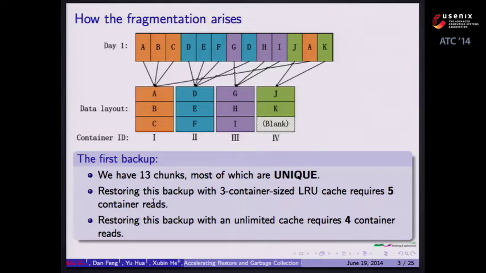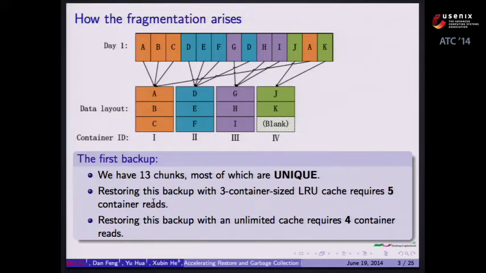In the storage layer, all the unique chunks are aggregated into containers that are larger units than chunks. Containers generally can be several megabytes, while chunks are several kilobytes. In our case, we suppose each container can hold 3 chunks. If we need to restore this backup stream, we read the chunks according to the fingerprint sequence called a recipe. The container is our prefetching unit.